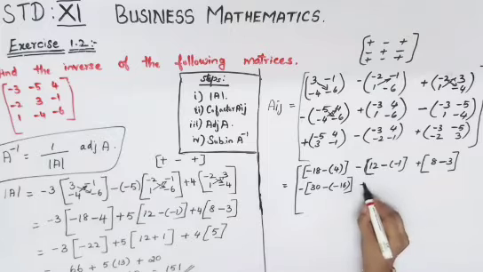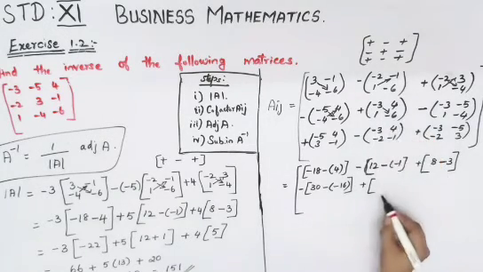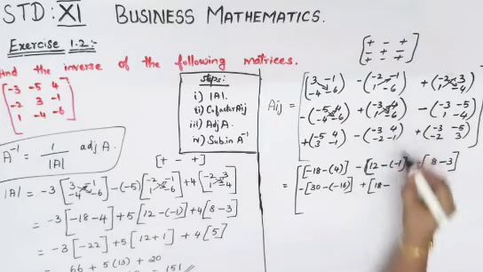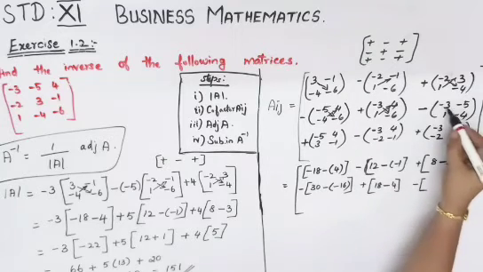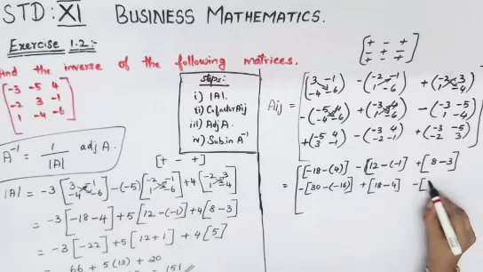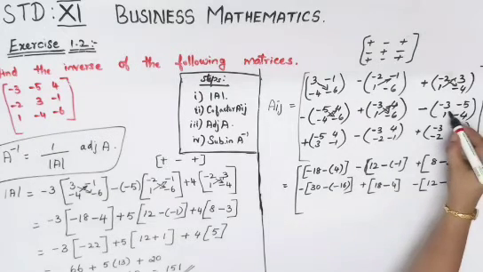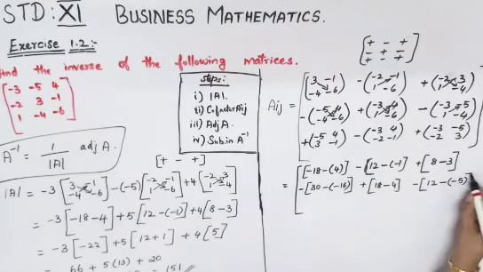And plus, open your bracket, minus 3 minus 6 will become 18, minus 4 ones are 4. Then minus, open your bracket, 3 4s are 12, minus into minus will become plus. So 12 minus, open your bracket, 1 into 5s are 5 but minus is there, so minus 5.